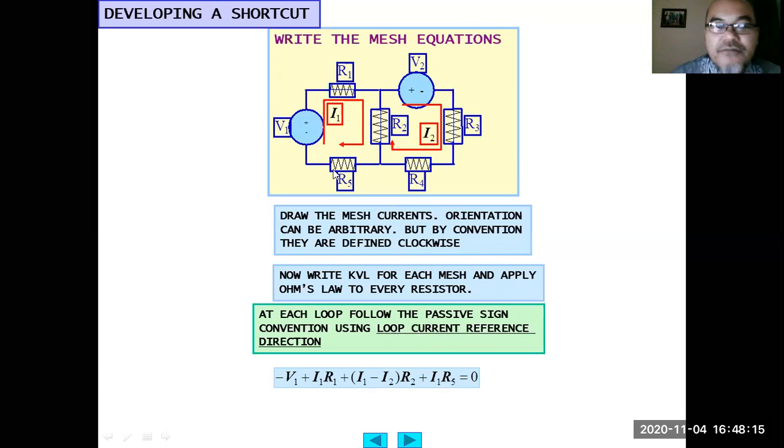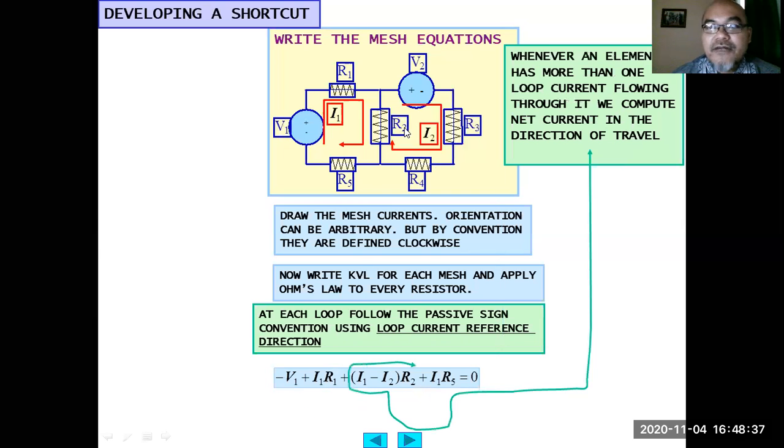So from this, mesh one can be expressed as negative V1 plus I1 R1 plus I1 negative I2 multiplied by R2 plus I1 multiplied by R5, right?